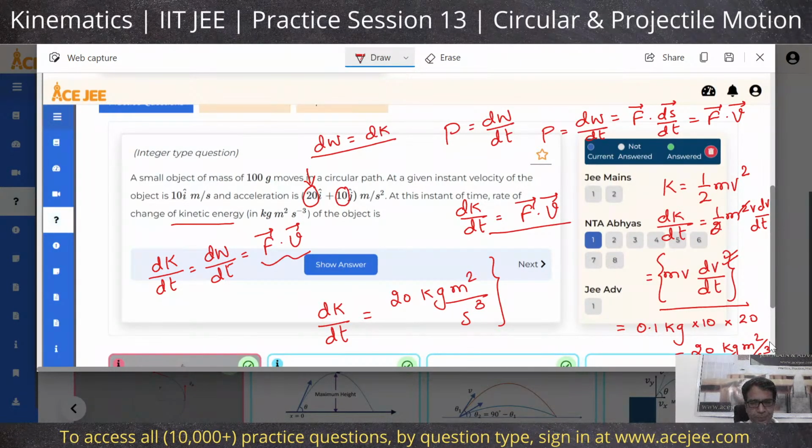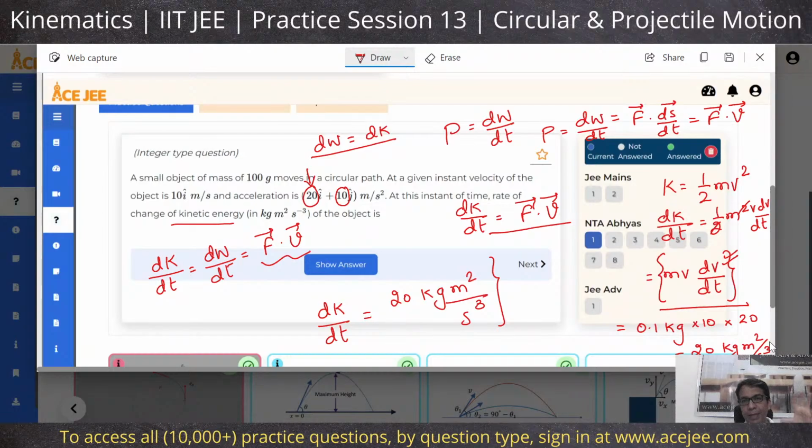Okay. Beta, kinetic energy is a scalar quantity defined as half mv square. What is v there? The magnitude of the velocity vector. The rate of change will be mv into dv by dt, the rate at which the magnitude is changing. Correct, no?